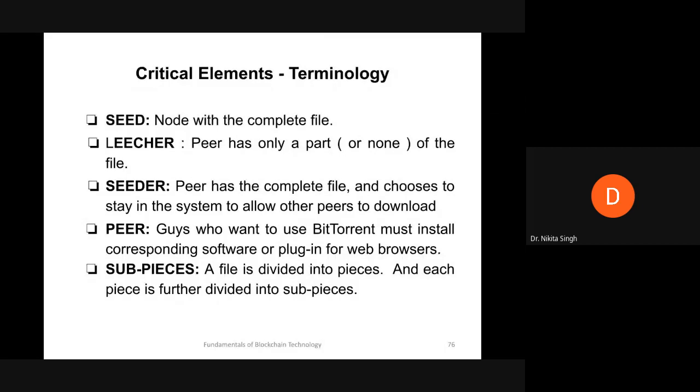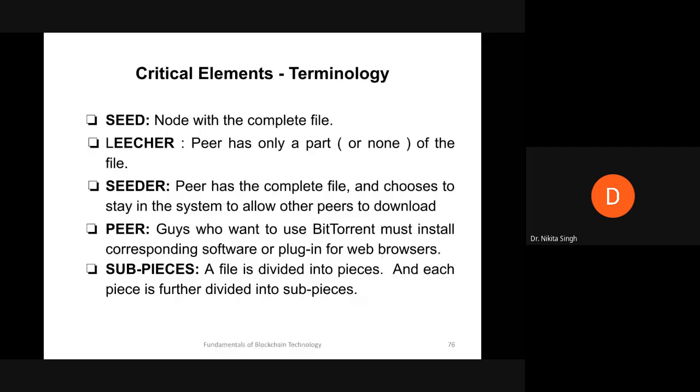Whenever you are requesting a chunk of some file from a peer, that request is made at the subpiece level. You are not requesting a piece of the file. You will always be requesting the subpiece of the file. So requests between peers in a BitTorrent network happen at the subpiece level.